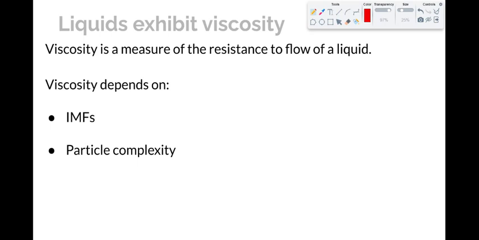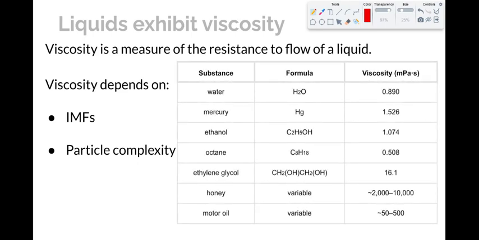Another thing it depends on is the complexity of the particle. Particles that are long and stringy, have a lot of complexity, are going to tend to be more viscous. And we can see some examples here, like water has high intermolecular forces but is not very complex. Its viscosity in this megapascals seconds unit is 0.890.